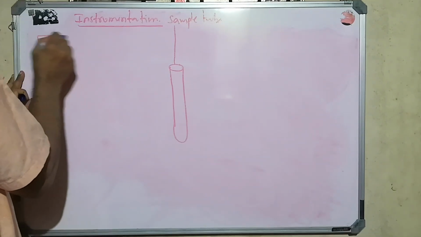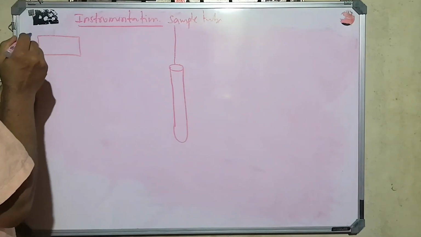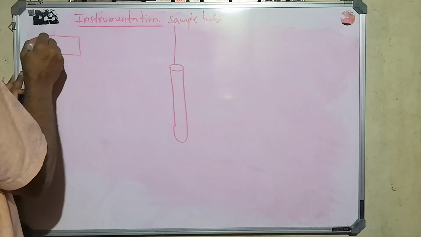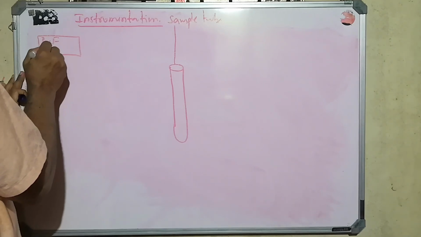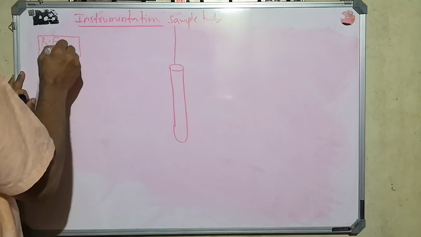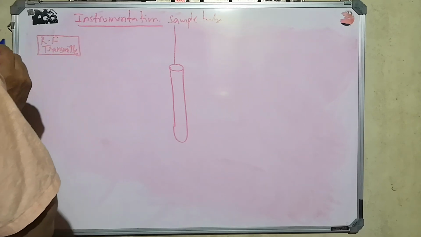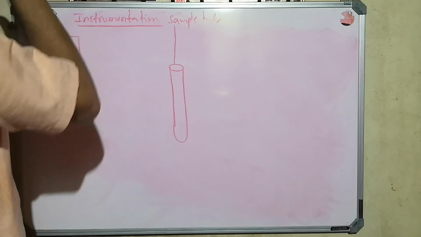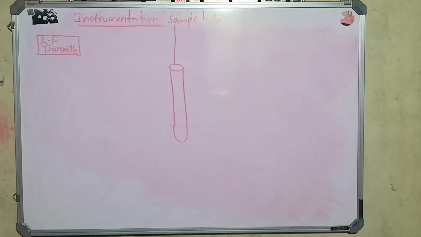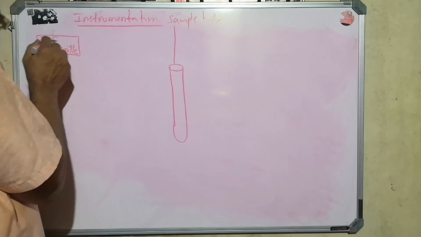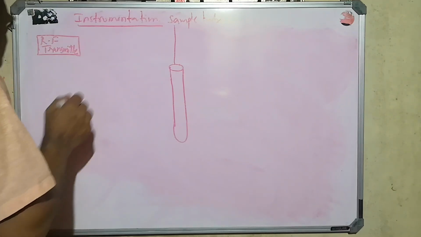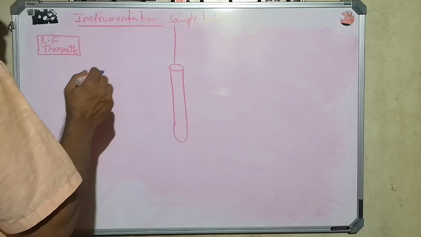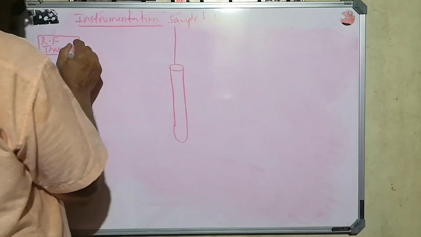Now here you have the RF transmitter, the radio frequency transmitter, to produce the radio frequency. Radio frequency is the electromagnetic radiation used here.